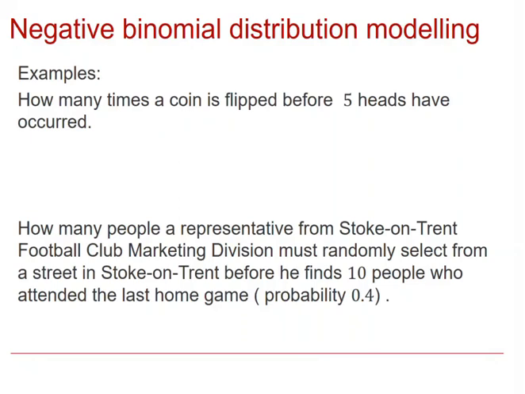If we look at the first example on this page, clearly r equals 5 because we are requiring 5 heads to be obtained, and p would equal a half because the probability of getting a head or a tail is a half, and our random variable X would be the number of times a coin has to be flipped before 5 heads had occurred, and X would follow a negative binomial distribution with parameters 5 and a half.